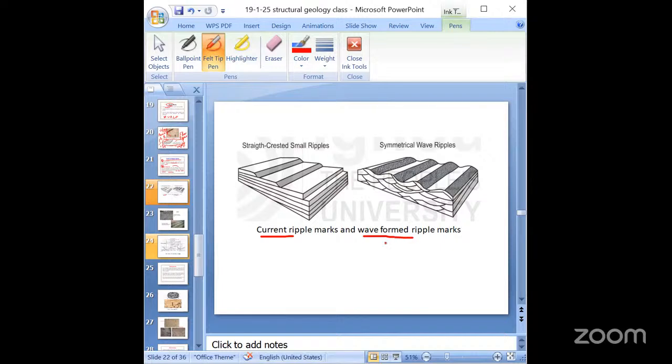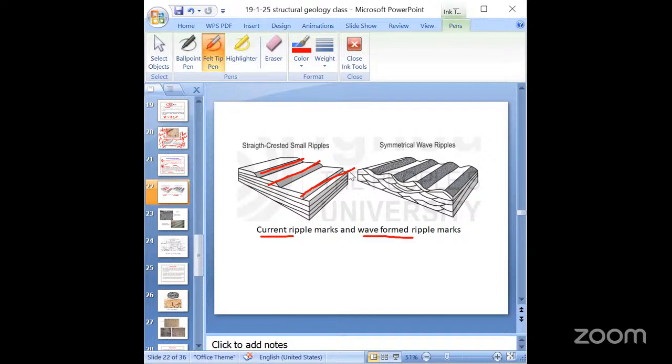Current ripple marks are asymmetrical in nature, having parallel, long, more or less equidistant ridges trending in straight lines at right angles to the direction of flow.